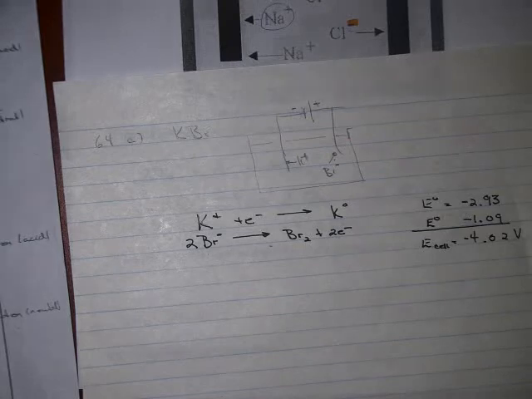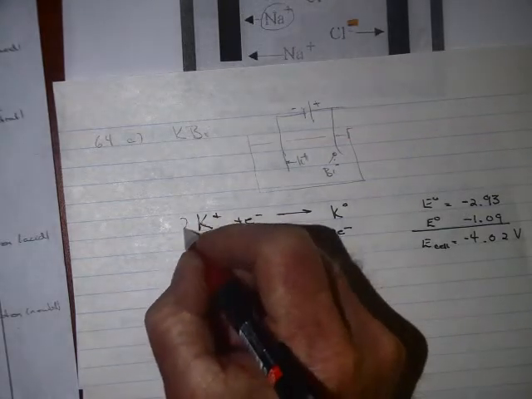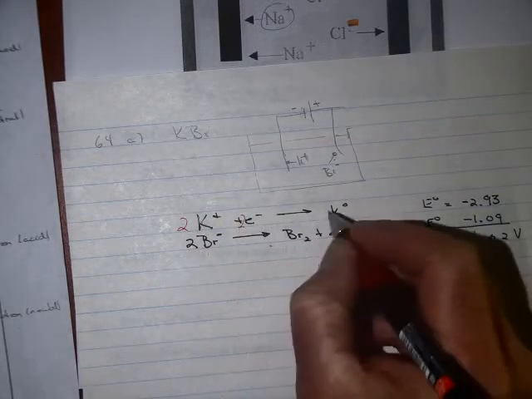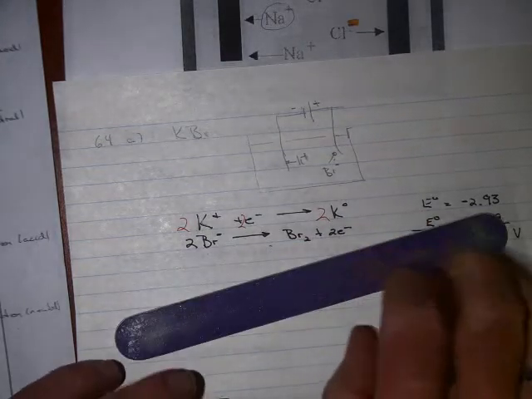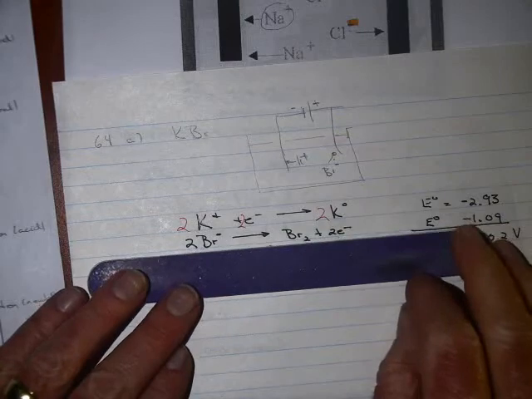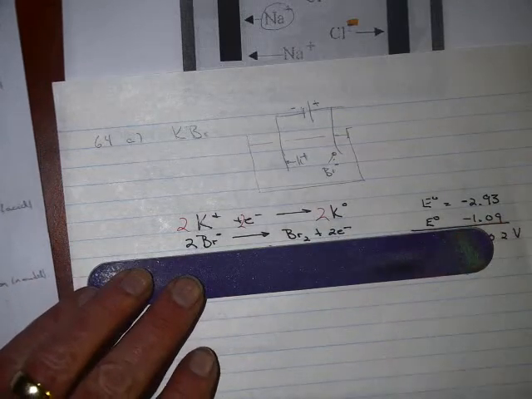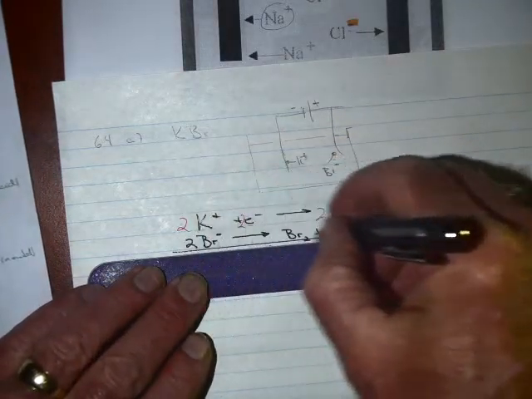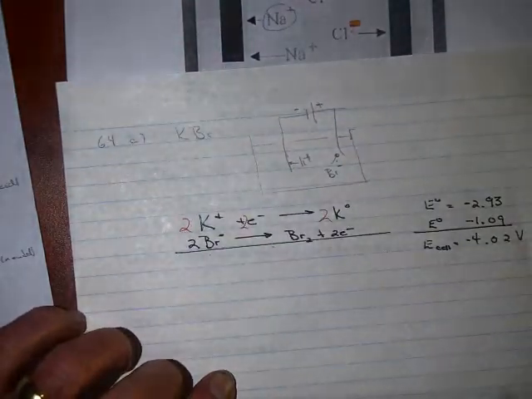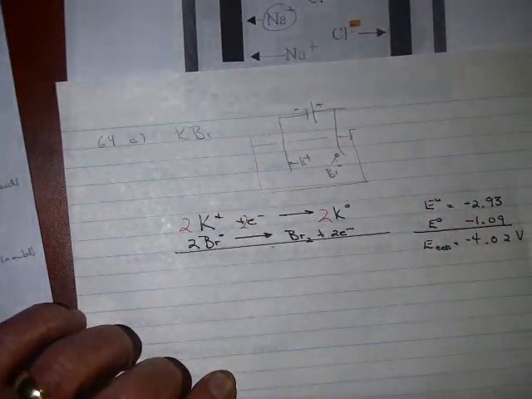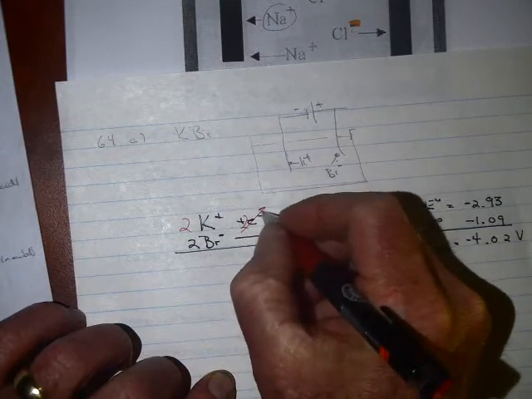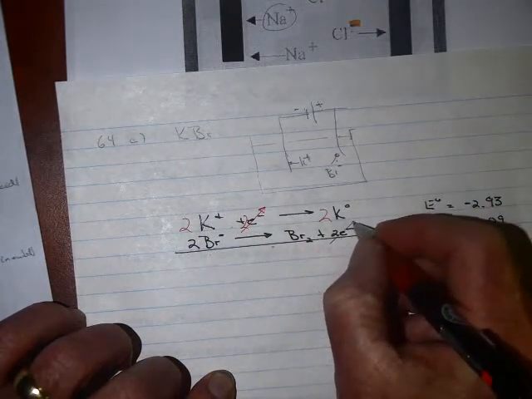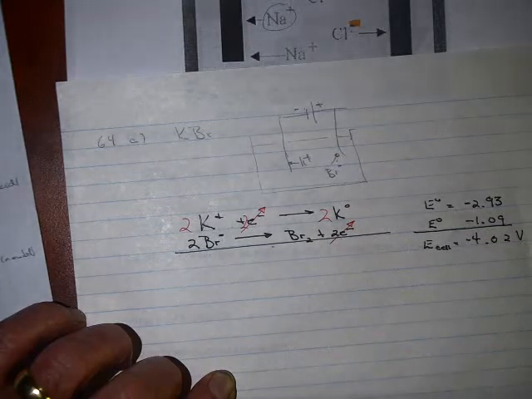so I'm just going to change this to be 2, 2, and 2 before I combine those 2 half reactions. So these guys, I'll cancel those out in red just for effect, like so.